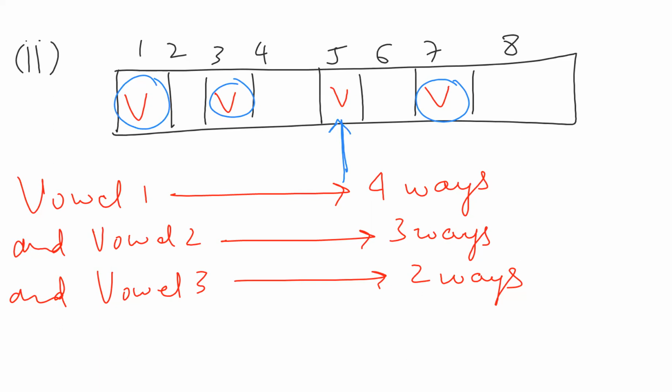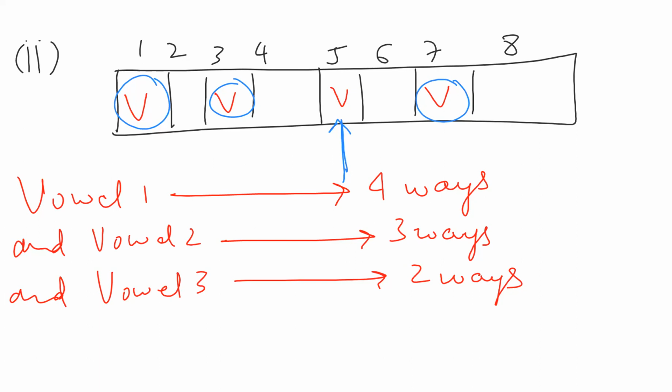Do you agree or not? Because there are only three vowels, so box number 5 will not be utilized. Do you agree? Yeah. So this particular place will be utilized by whom? Consonant. Yeah, because a consonant will certainly require one place.